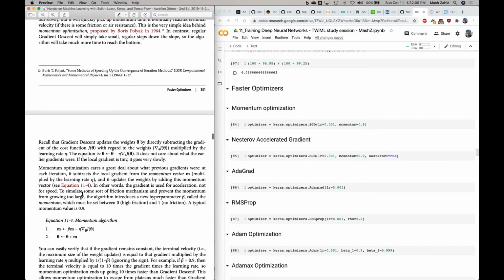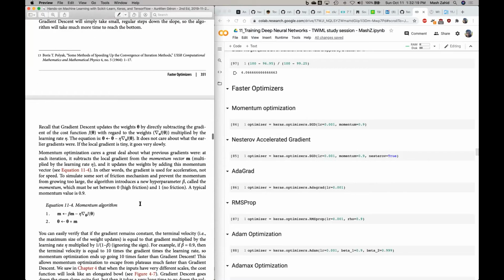what happens with momentum is simply that you are updating your gradient, just as you do with learning rates. You're updating the gradient by looking at the local gradient before. So in general, we introduce a momentum vector called m here, multiplied by this momentum value, and that's the 0.9 or so on.